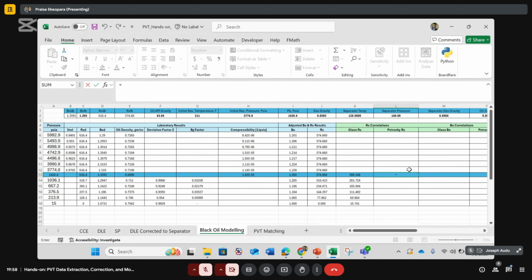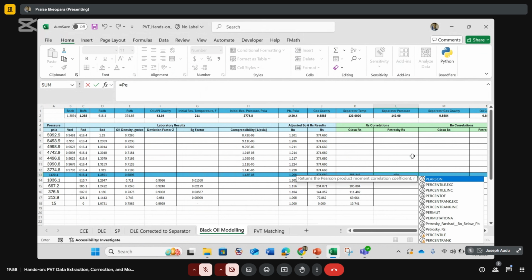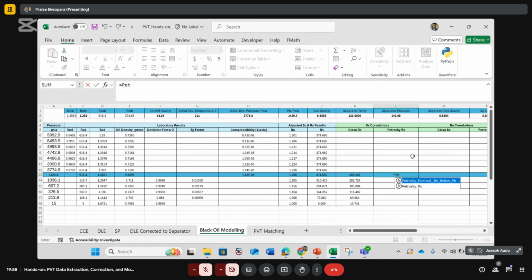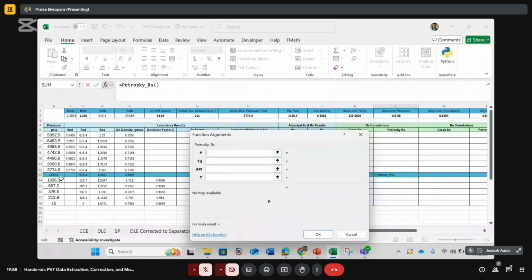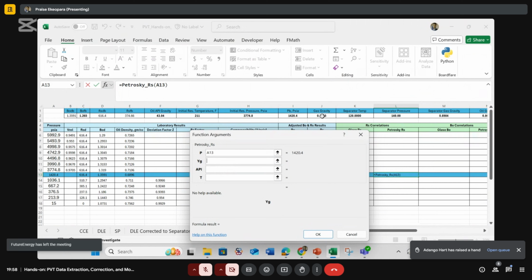Then for the Petrosky, I'll just go ahead and type Petrosky Rs. I'll open this up. Then the pressure will be the individual pressure. Then the gravity you are seeing will be my gas gravity that I have here.